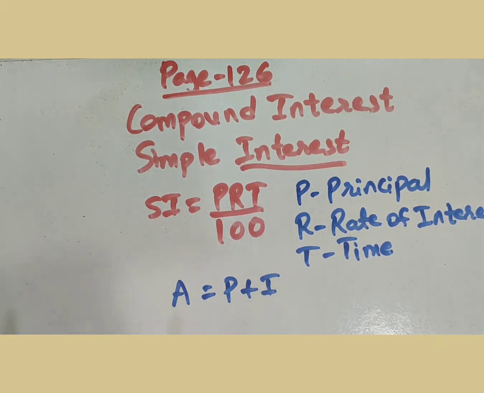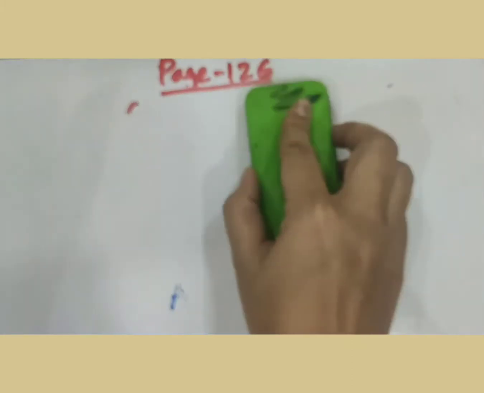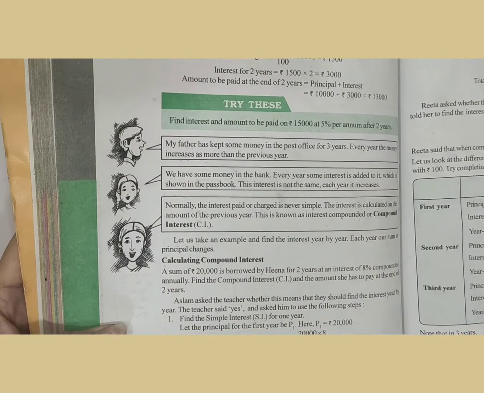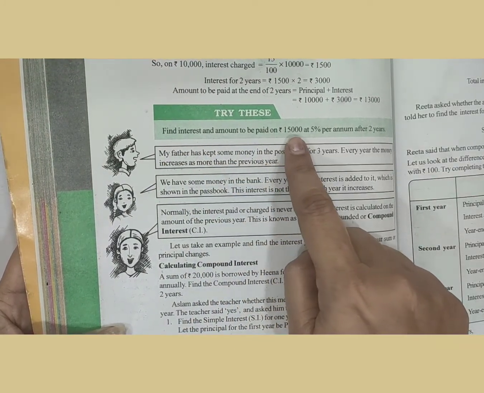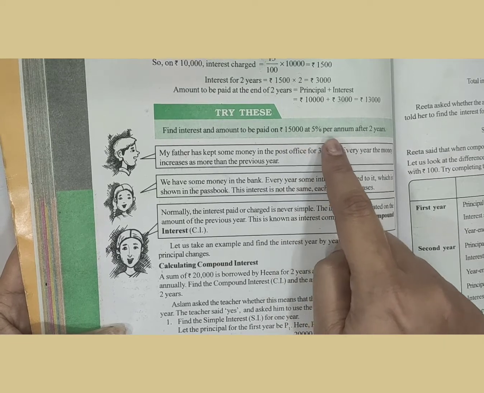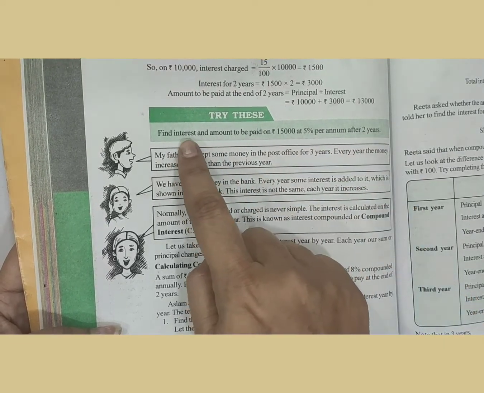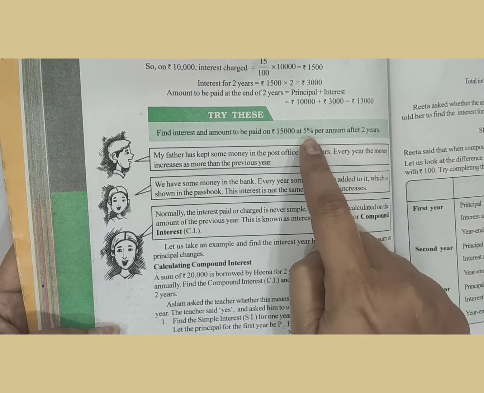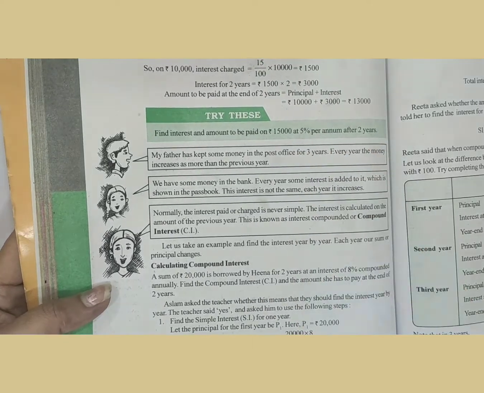Now let us solve the example given on simple interest on the same page. If you read this question: find interest and amount to be paid on rupees 15,000 at 5% per annum after 2 years. Here you have to find the simple interest and amount, where your principal is 15,000, rate of interest is 5%, and time is 2 years.